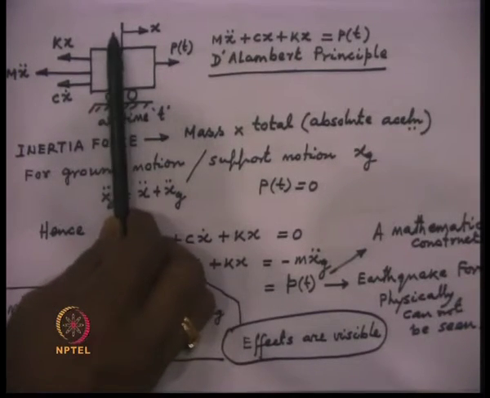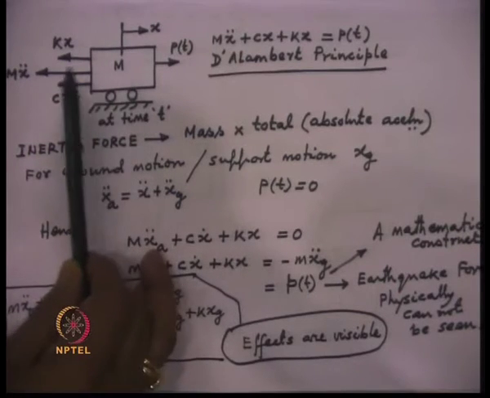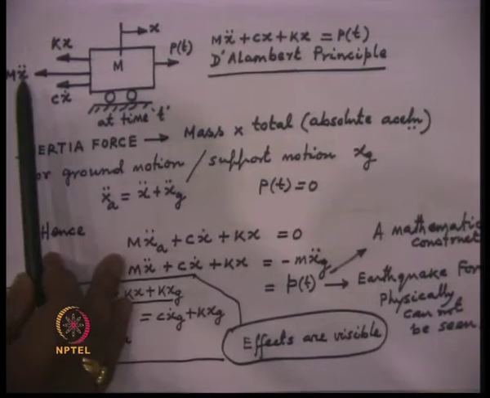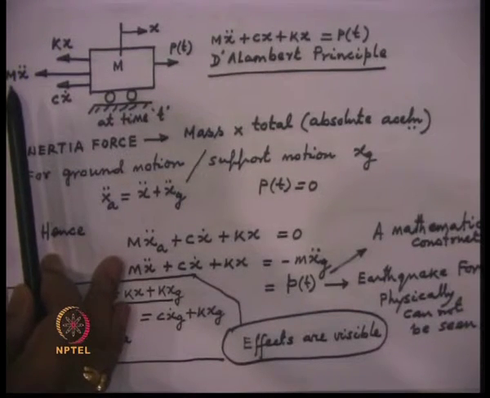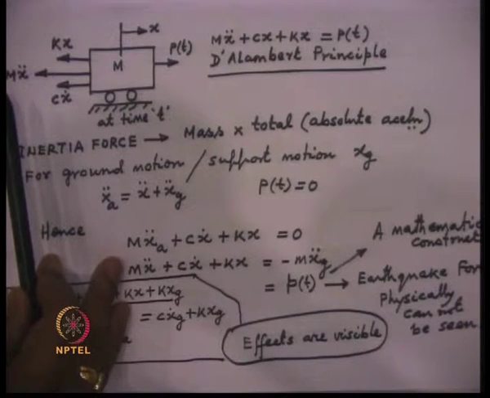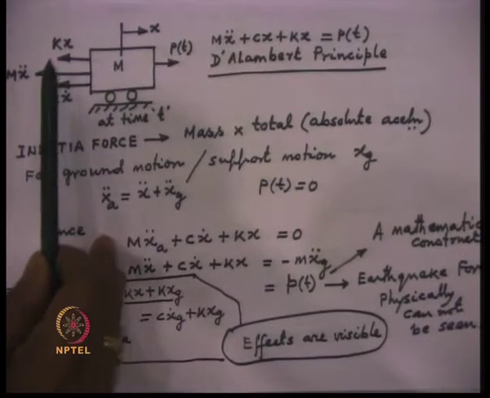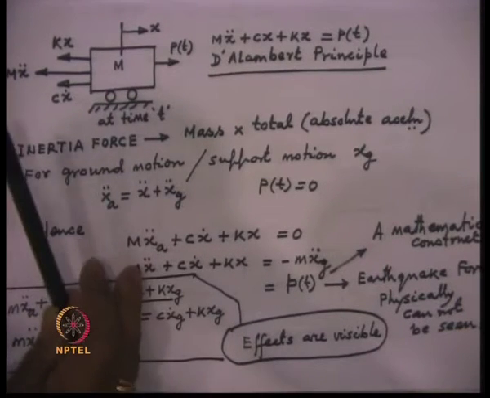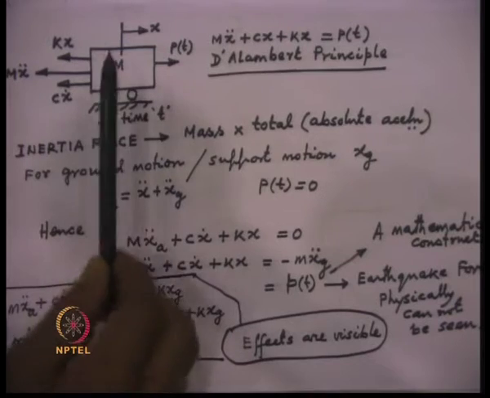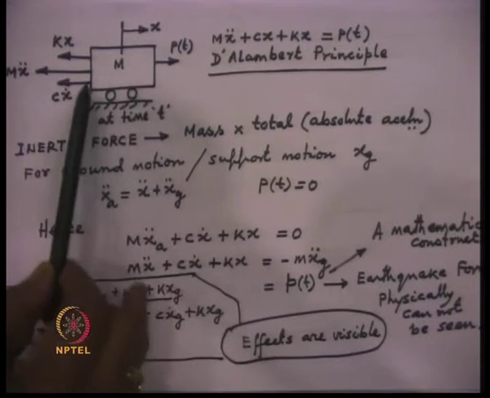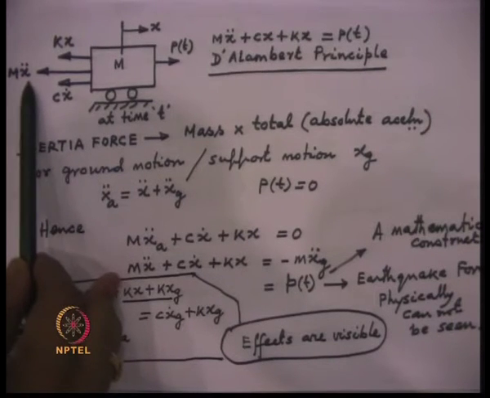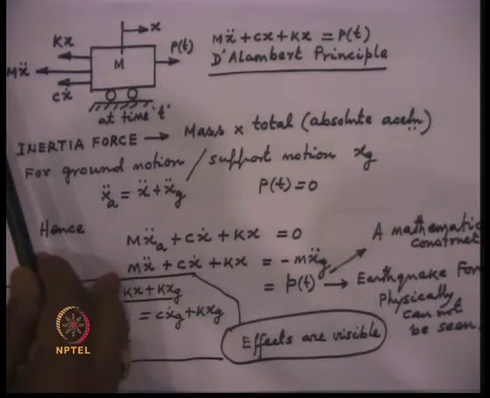Now, if the mass moves in this direction x, then an inertia force is developed due to the oscillatory motion of the mass. All of us know that for an oscillatory motion, the acceleration always is in the opposite direction to the displacement direction, and therefore, if the displacement takes place in this direction, then the inertia force which will be developed will be equal to mass times acceleration acting opposite to the direction of the motion.